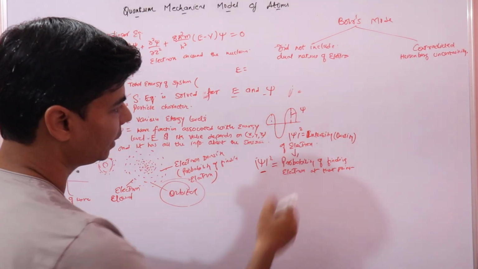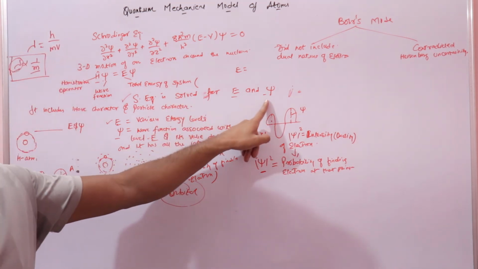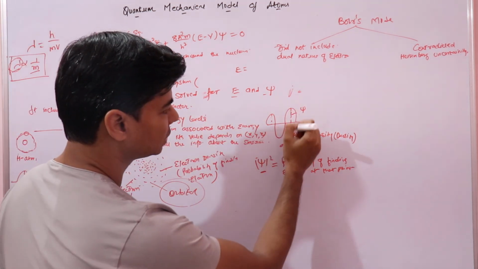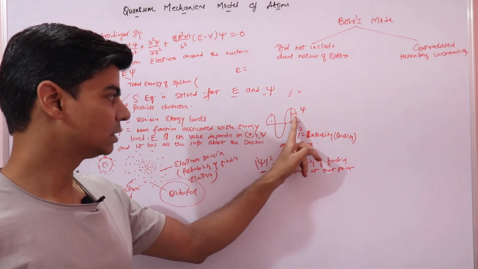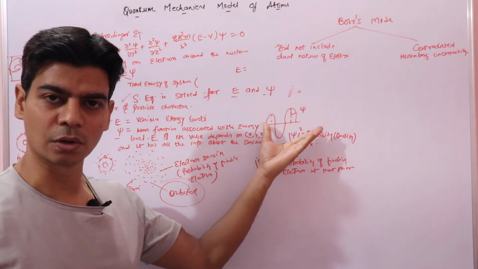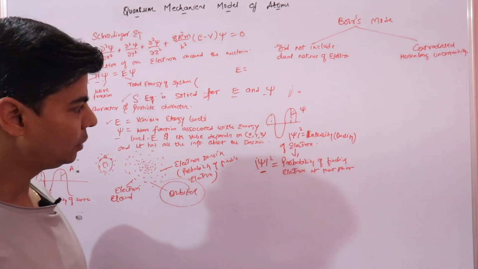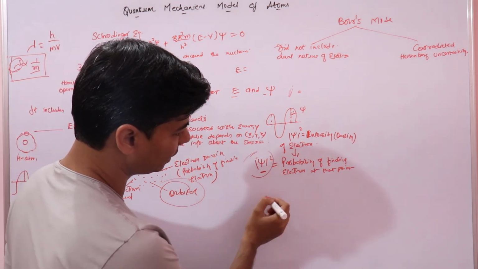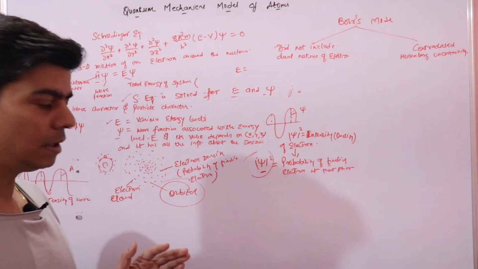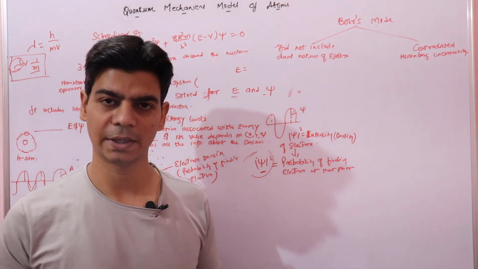This is an electron wave. The value of psi that we found from the Schrodinger equation gives you the amplitude of this electron wave. If you find the square of this amplitude, what you get is the intensity, or the density of electron at that point, meaning the probability of finding an electron at that point.